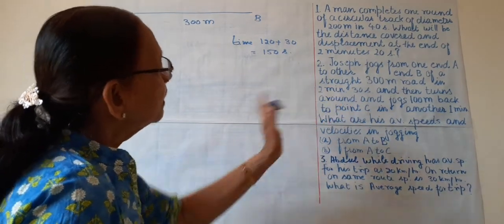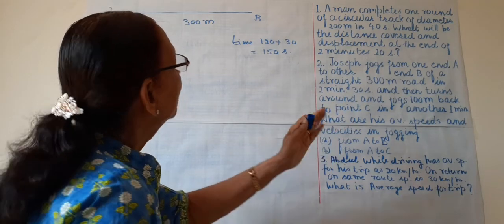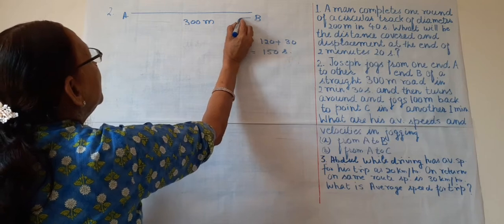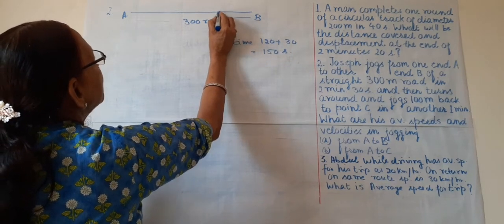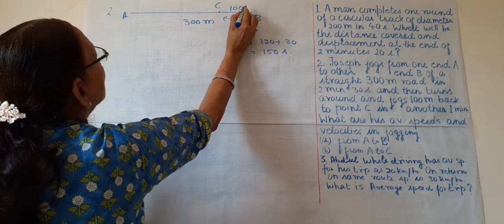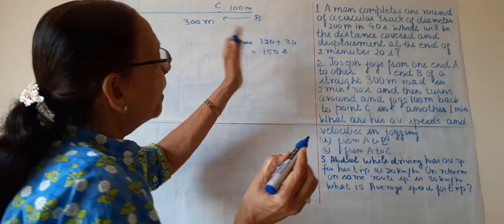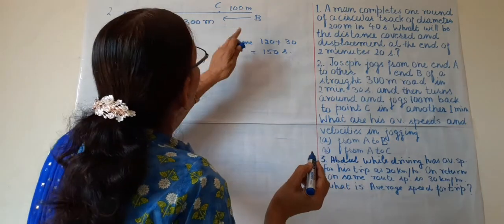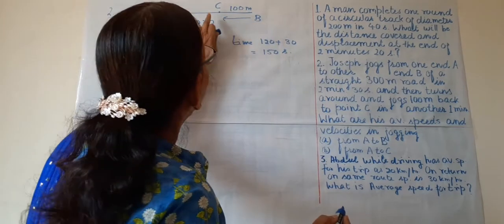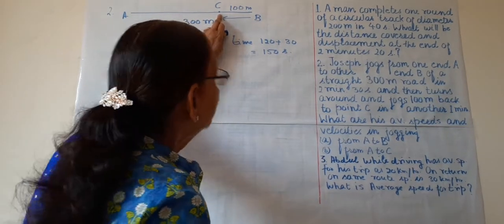And then he turns back and jogs 100 meters back to point C. This is 300. Now he returns back. Suppose this is point C and this is 100 meters. He turns and jogs 100 meters back to the point C in another 1 minute.